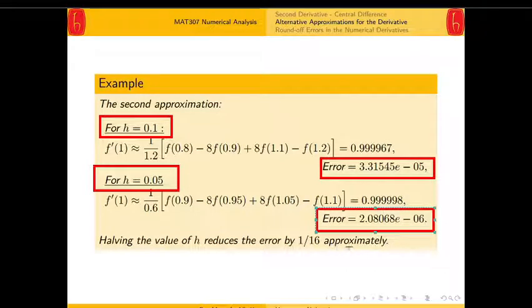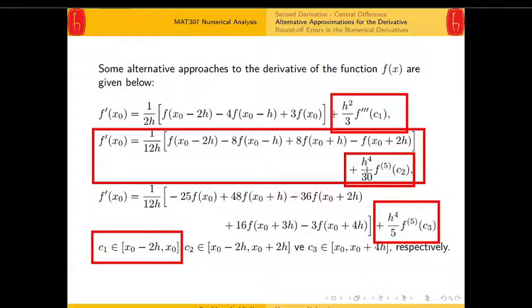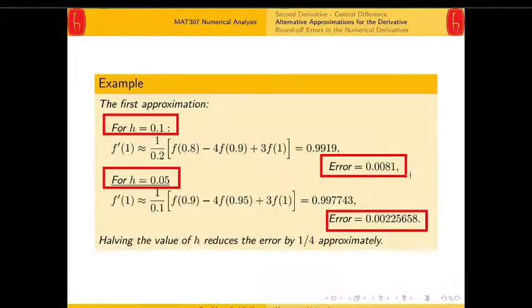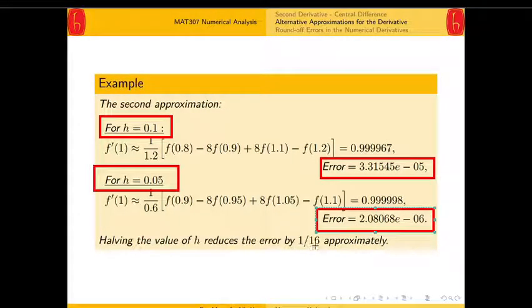This is something we expect because the second approximation is fourth order. So if we take half of h, the error will be 1/16 times the original error, assuming the constant is the same.